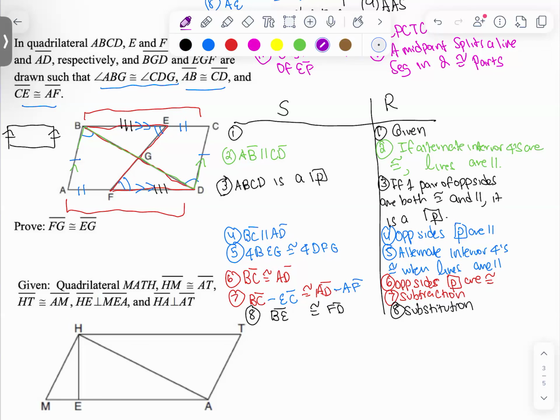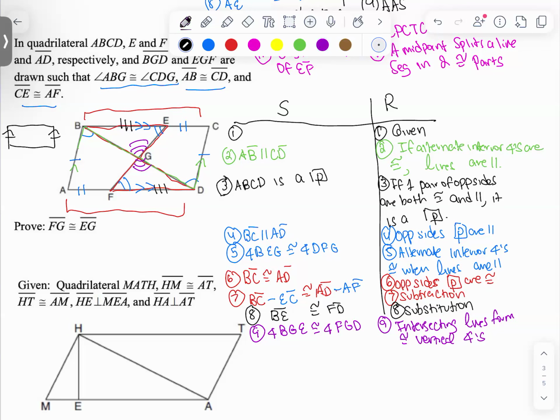And just like the last example, we also have congruent vertical angles. So I can say angle BGE is congruent to angle FGD because intersecting lines form congruent vertical angles.